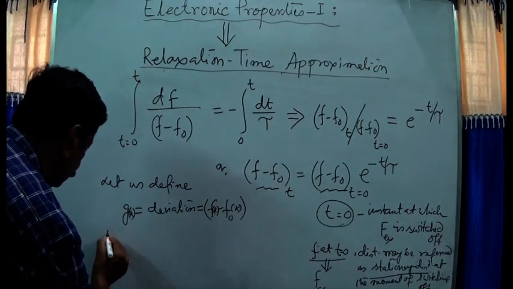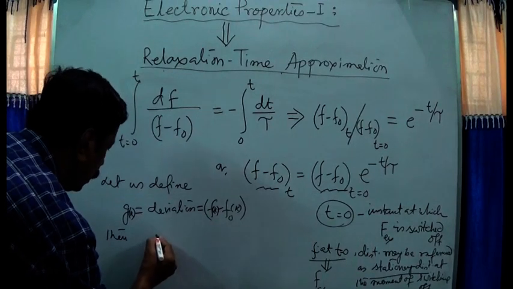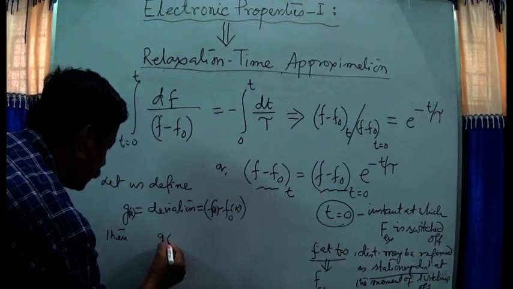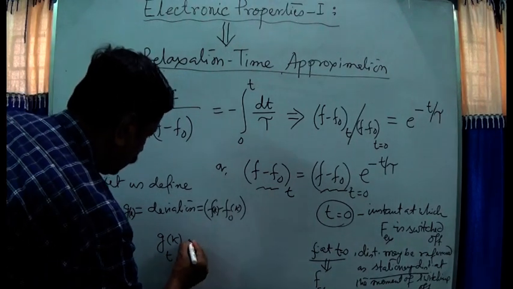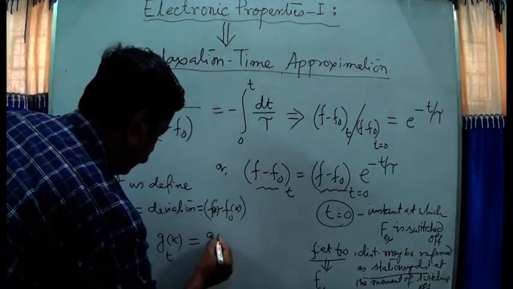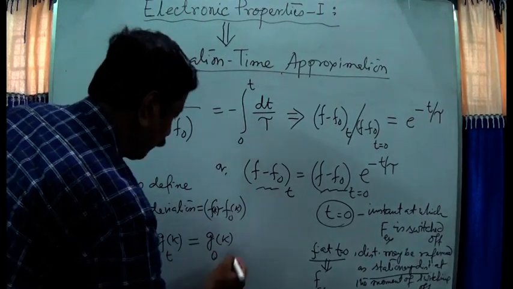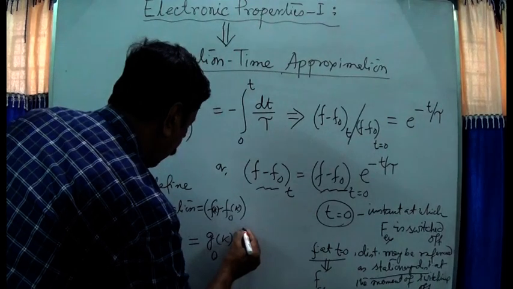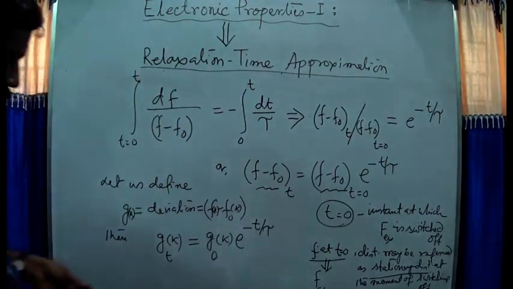Then this relation would look like g of k at t as g of k at 0 e to the power minus t by tau. Right?